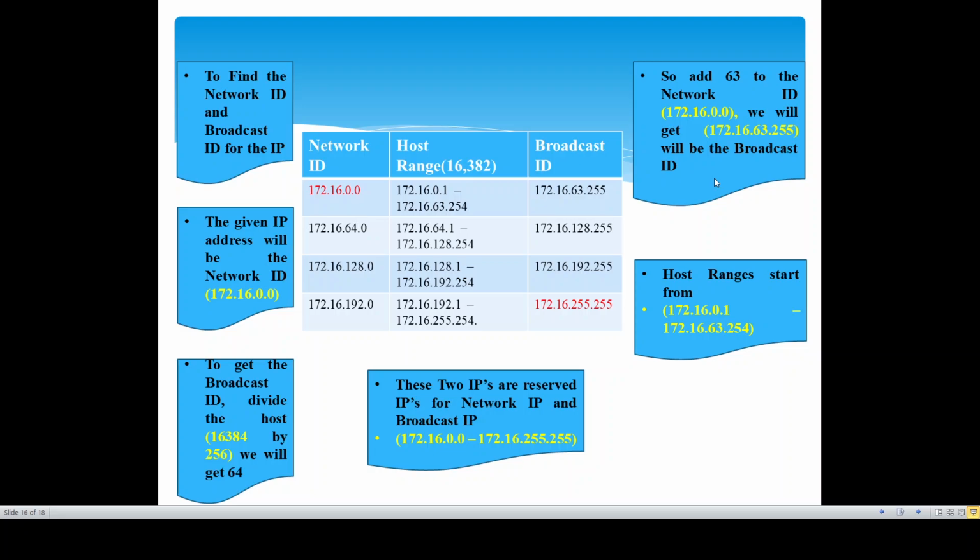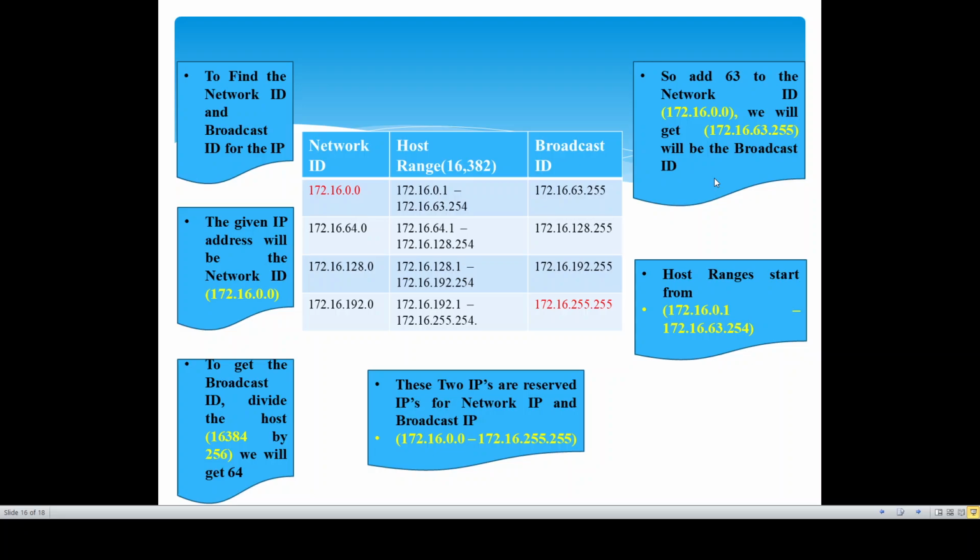The second subnet starts from 16.64, because we add another 64 to the previous value. So 63 plus 64 is 127 or 128. It starts from 172.16.64.0 till 172.16.128.258.